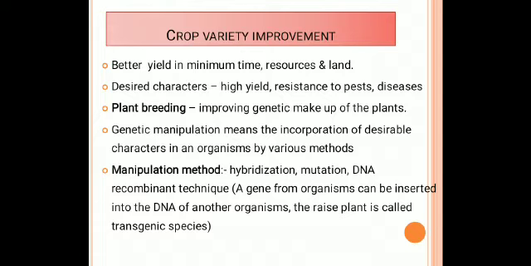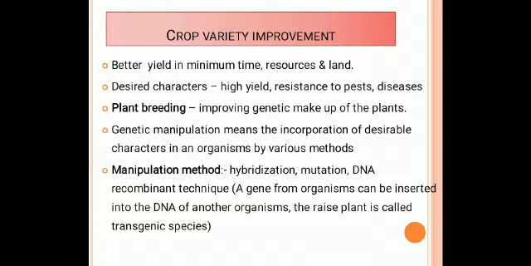First one, plant breeding. What is plant breeding? Improving the genetic makeup of the plant is called plant breeding. Genetic manipulation means the incorporation of desirable characters in an organism by various methods.